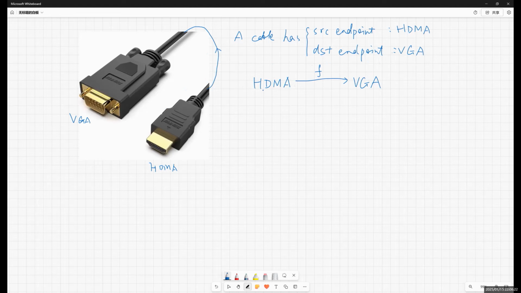So HDMI and VGA are types, and F is an arrow, or in another word, a morphism.